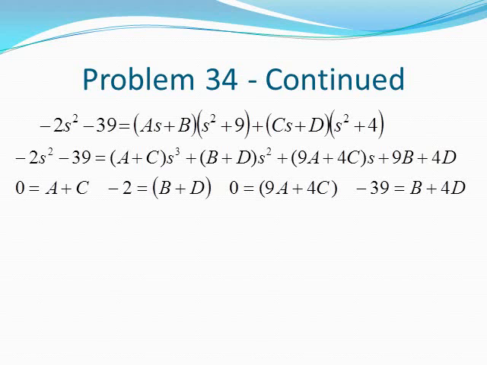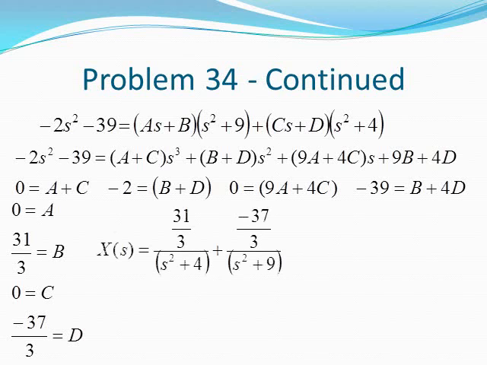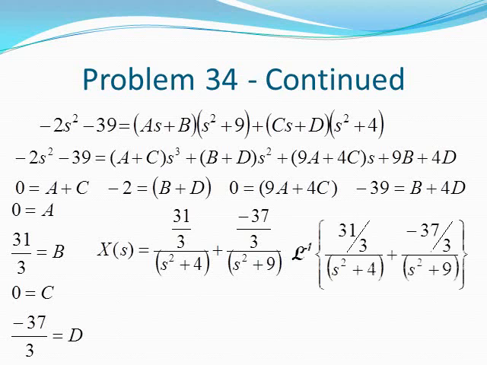If you solve those, you will find out that a equals 0, c equals 0, b equals 31 over 3, and d equals minus 37 over 3. And then I can plug that back into my representation of the partial fractions used to describe the function of capital X. And now I can take the inverse Laplace transform.